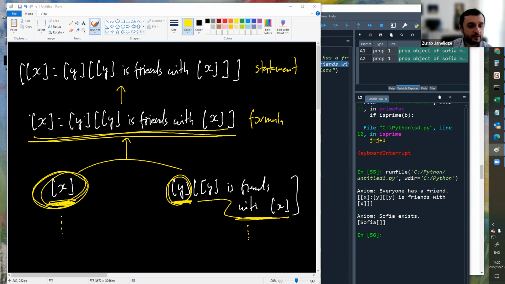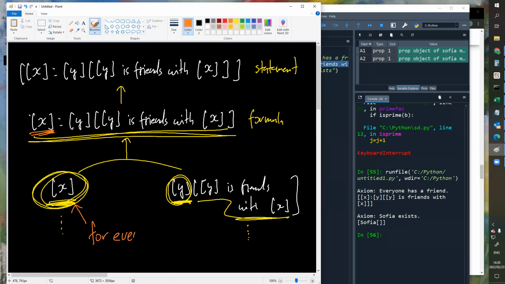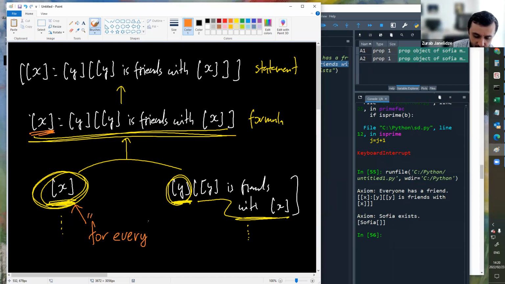It's an important point which shows us the difference of a variable appearing for the first time on the left side and on the right side. So the left side variable obtains the role of "for every". If you're familiar with some mathematics courses, you would often find mathematical statements stated like this: for every. There's even a symbol for that.